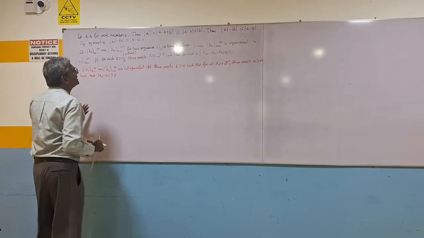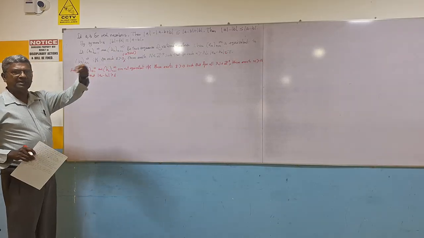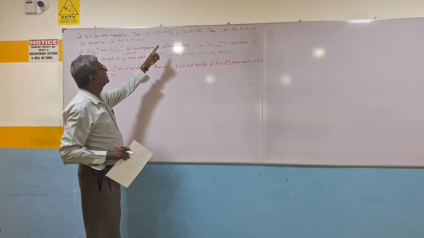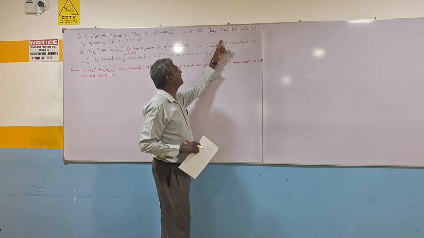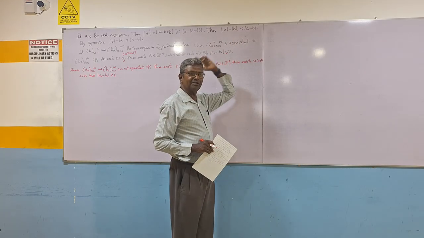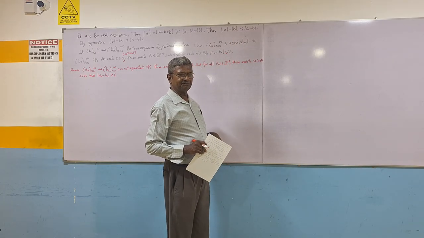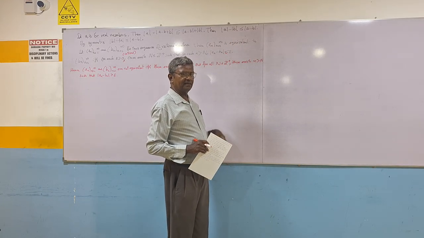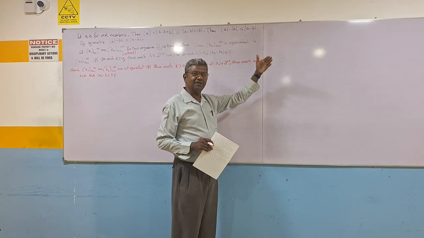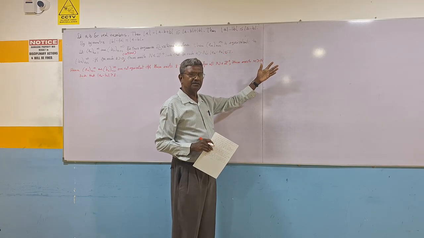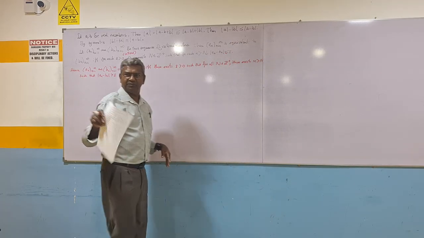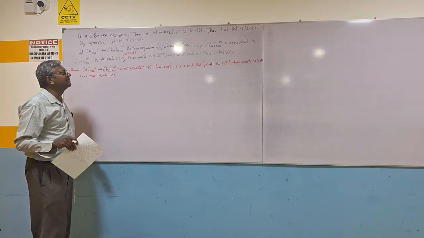So here you know about this: the absolute value of a minus the absolute value of b is less than or equal to the absolute value of a minus b. Do you know that? We use this one to show that the absolute value function is continuous. So we haven't come to continuity yet.